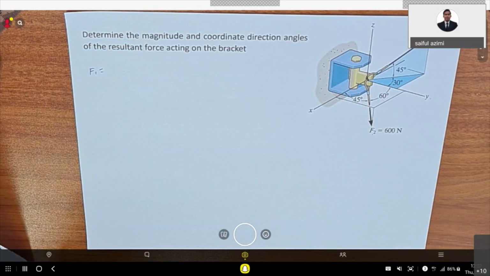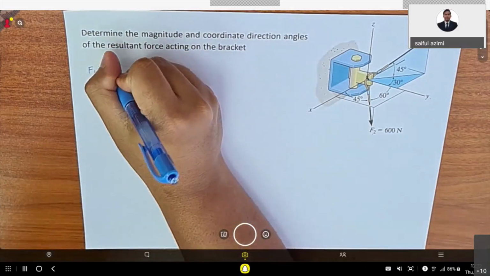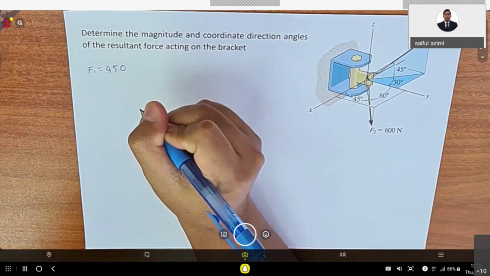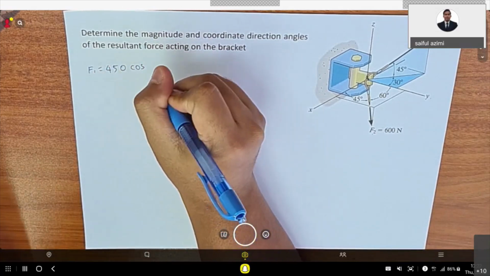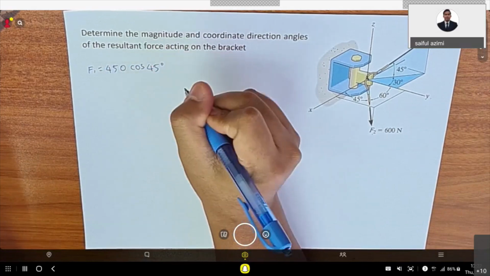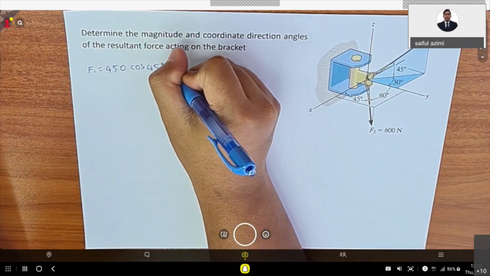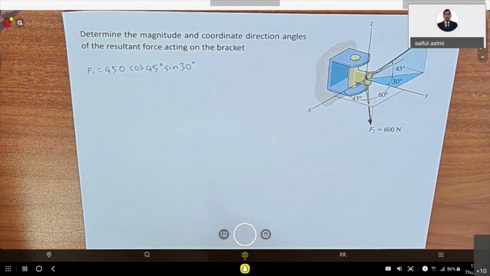So for F1 equals to, we have 450 multiplied by cos 45 degree sine 30 degree. You can refer to the formula that I already shown to you.